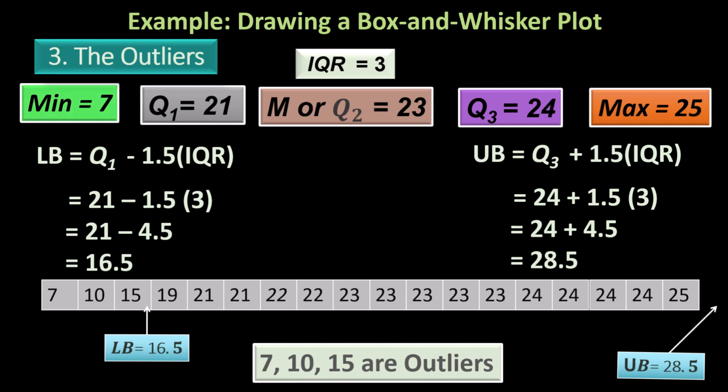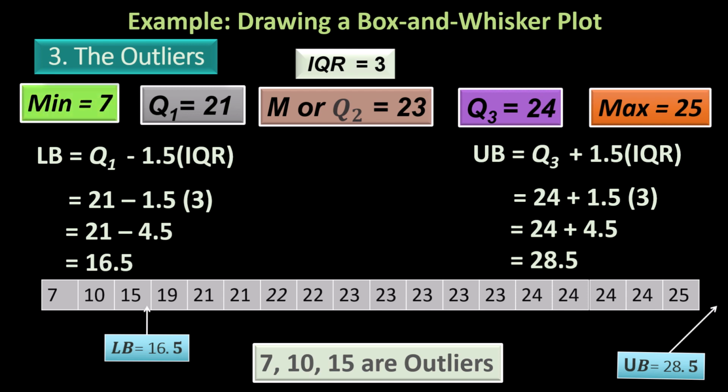They are outliers. Now you need to reconsider the minimum. What was our minimum? Minimum was 7 before we found the outliers. But 7 is now an outlier. Now consider this ordered set again. Now remove the outliers from the dataset.